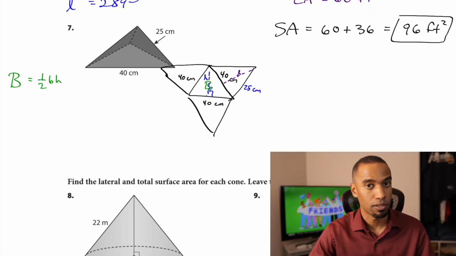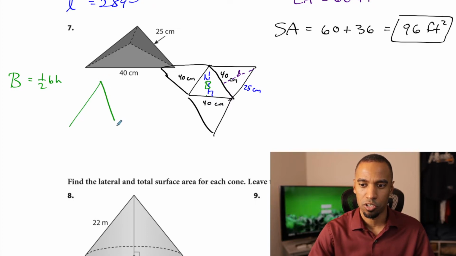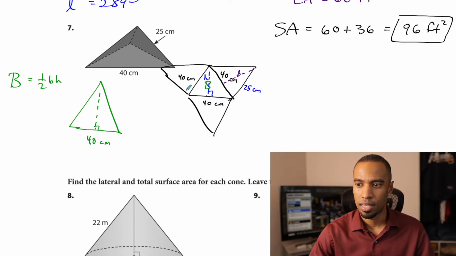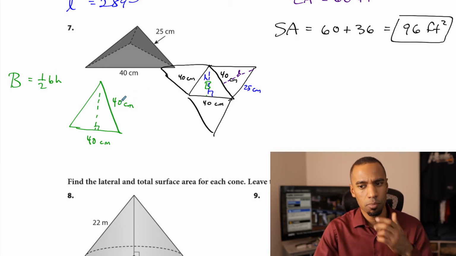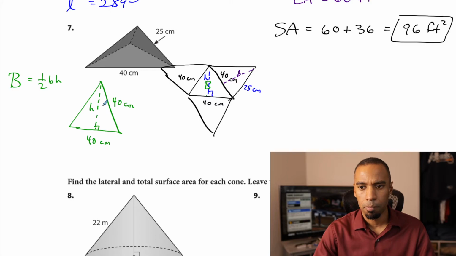Height needs to be perpendicular, though. So what are we doing within that triangle? Let's make a bigger version of that. I have 40 centimeters here, and a height that I need to find right here, knowing that this is also 40. Now, I know the answer because of how special right triangles and trig work, but we're going to get an irrational answer here, so we ought to use the Pythagorean Theorem.